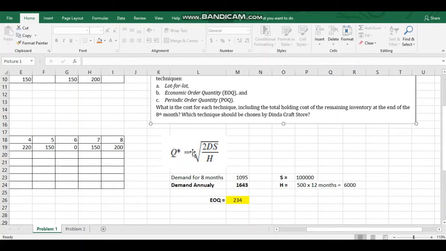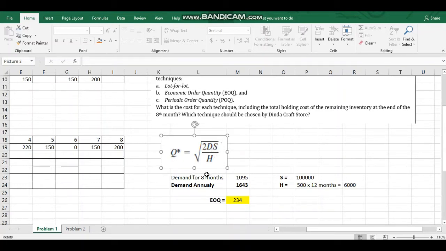So if you remember, this is the formula if you want to find the Q star or EOQ: the square root of 2 times D times S divided by the holding cost. D is for annual demand, S is for setup cost, and H is for holding cost.